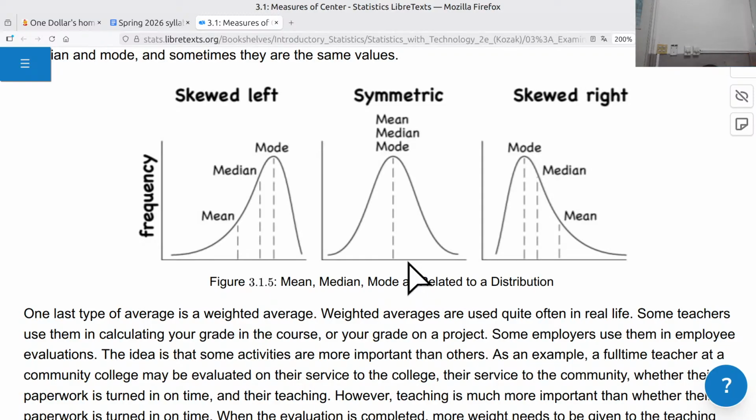On the x-axis, that is the value, for example 1, 2, 3, 4, 5, 6, 7, 8, 9, 10. The y-axis is frequency. If the number 1 appears once, twice, 3 times, 4 times, 5 times, like this, then the y-axis is the frequency.